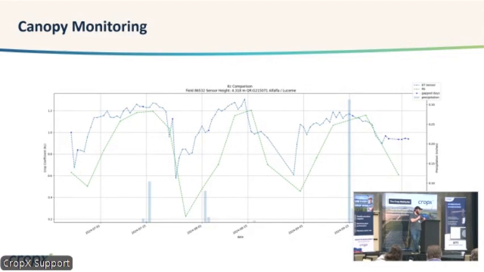There are a lot of things that come into play, as I mentioned before, about why those idealized smooth curves are not necessarily reflecting reality. There could be cases where there's not enough soil moisture and that could be affecting your crop. There are stressors in your field that we don't necessarily always know about.